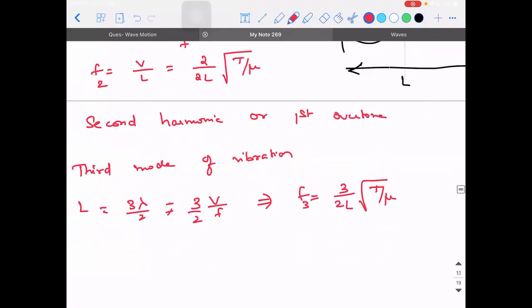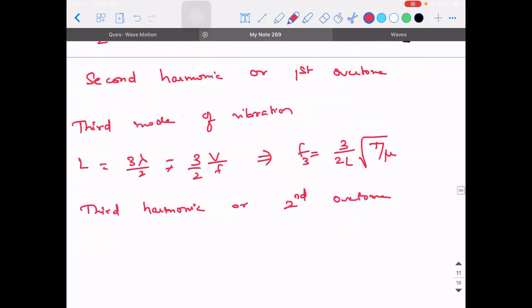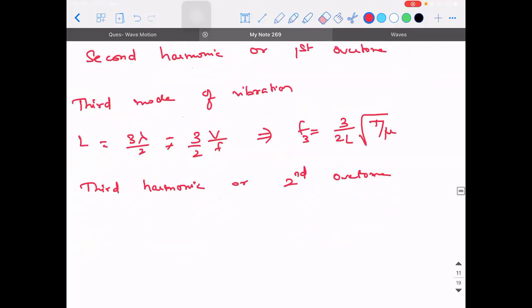This is F3. What will be the name of this? It's called the third harmonic, or second overtone. These terms are very important, don't forget them. Generally, the harmonic is equal to the mode of vibration. Overtone will be one less than that.